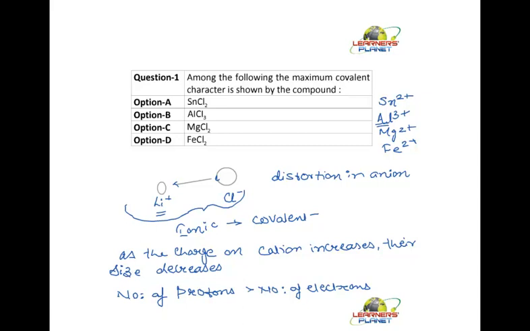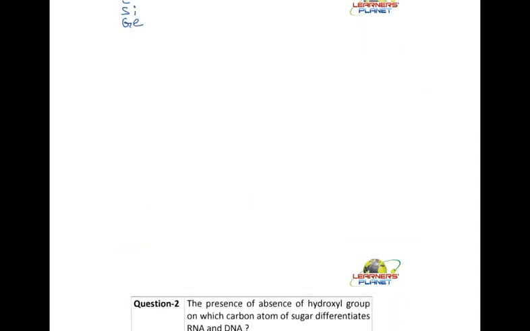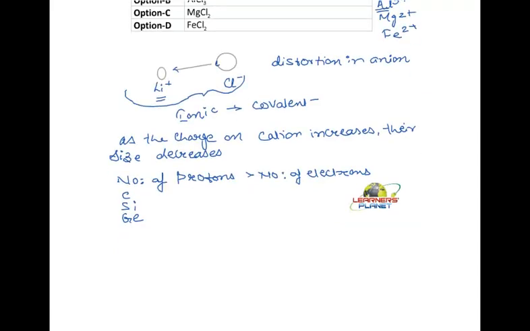Al3 plus is the smallest cation. Tin is present in the group of carbon, that is carbon, silicon, germanium, tin and lead, in the 5th period.